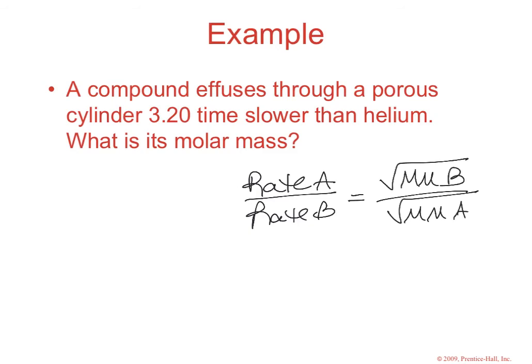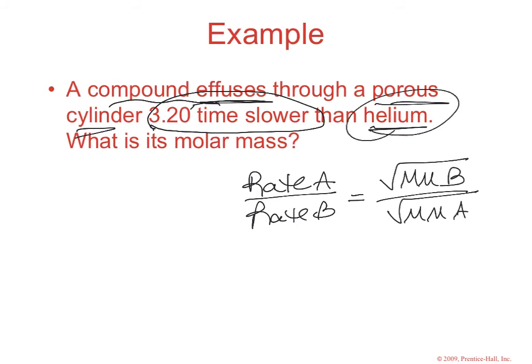A compound effuses, that's what tells you it's a gas, through a porous cylinder. So it's effusion, squeaking through little holes in the pores, 3.2 times slower than helium. So what's going to be the fastest gas? I like to put the fastest gas on top, so I don't have to deal with fractions less than 1.